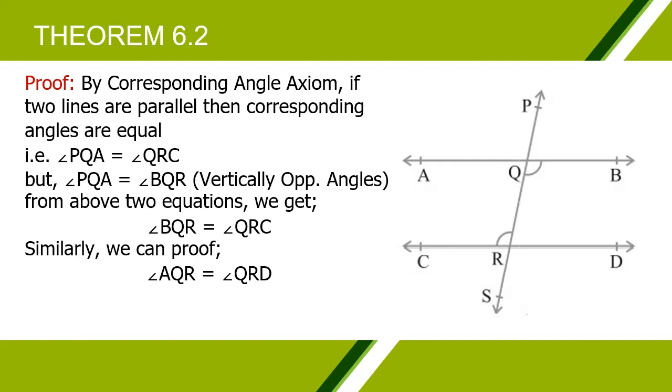Now, from the above two equations, when we equate, we get angle BQR equals angle QRC. Similarly, we can prove that angle AQR is equal to angle QRD. And hence alternate interior angles are equal.